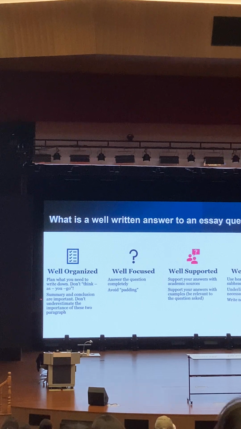So at least make sure you answer all the components of that question, which means that in the main content part, you will divide this into a few paragraphs based on the main contents you're going to cover for that question, okay? So this is the structure, and also focus.